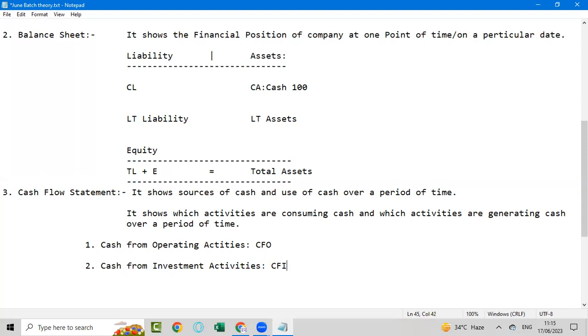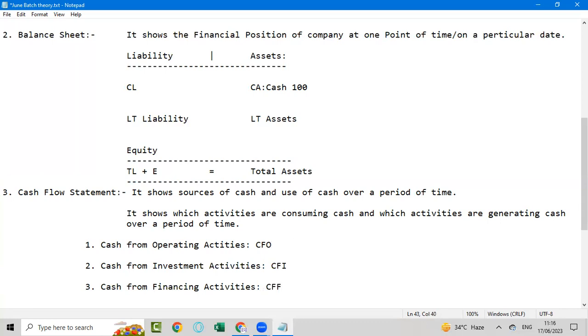We call it CFI. Third is cash from financing. This is called CFF.